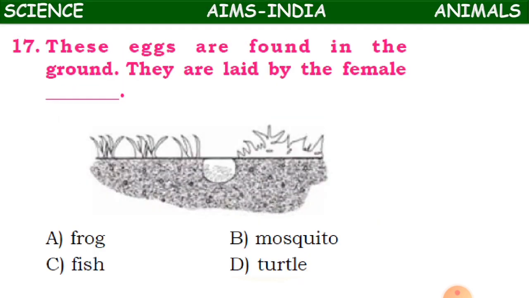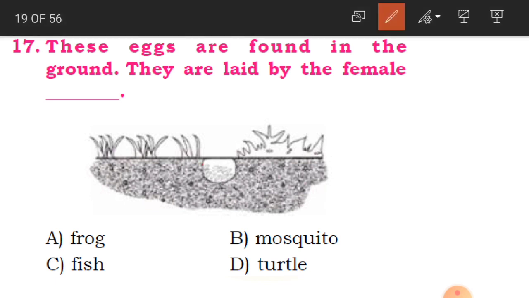These eggs are found in the ground. They are laid by the female dash. Children, see the eggs which are in the ground. Here these are the eggs. So these are laid by the female dash, whether by the frog, the mosquito, the fish or the turtle.